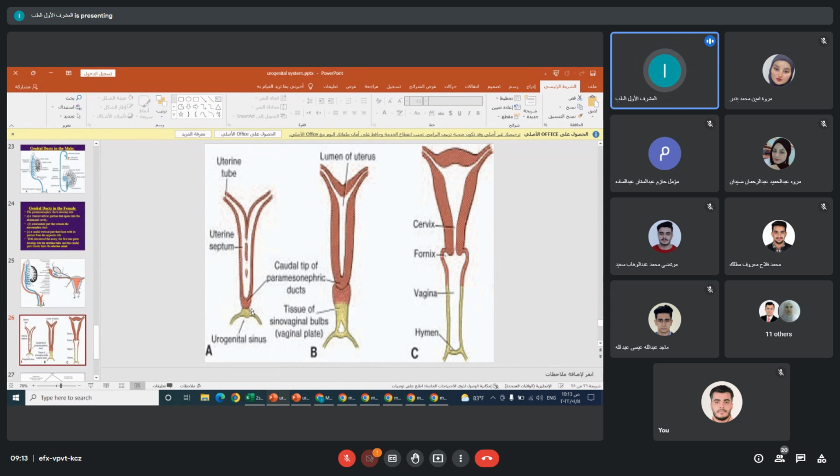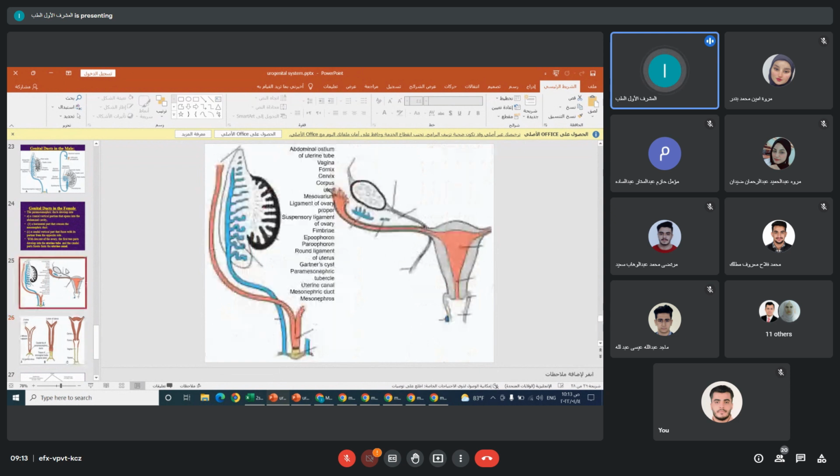So the cranial portion, which opens to the abdominal cavity, will form the fallopian tube. The horizontal will also form the fallopian tube, while the caudal will fuse and form the uterus and upper 4/5 of the vagina.